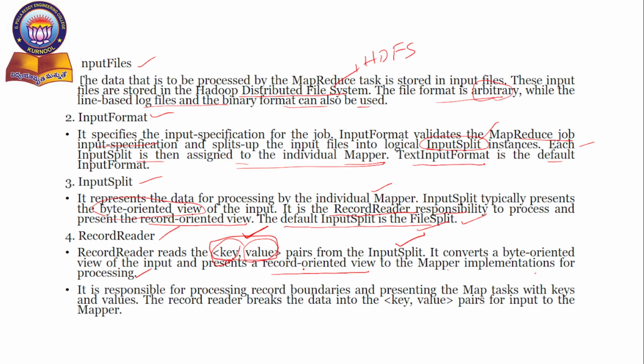So the record reader will give us a record-oriented view to the mapper which needs to be processed. It is responsible for processing the record boundaries and presenting the map task with keys and its values. So the record reader breaks the data into key comma value pairs for input to the mapper. This is where the mapper gets these key comma value pairs as an input to process.